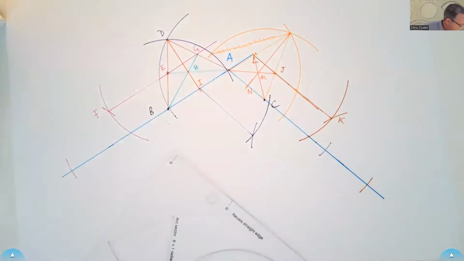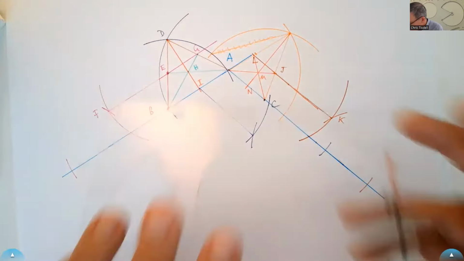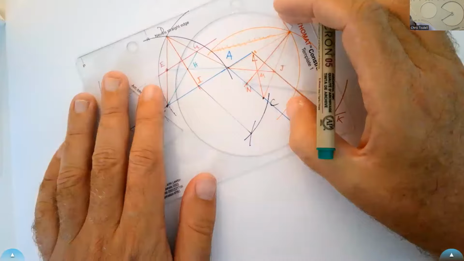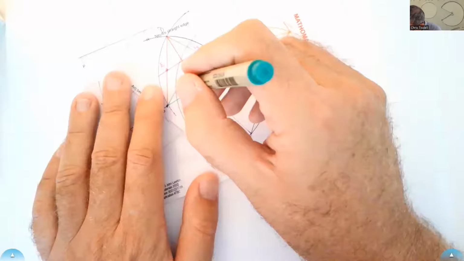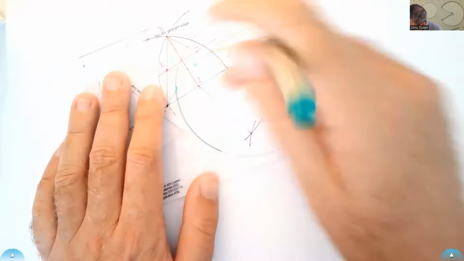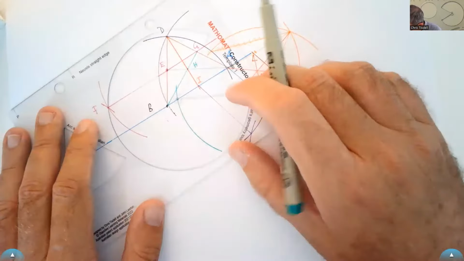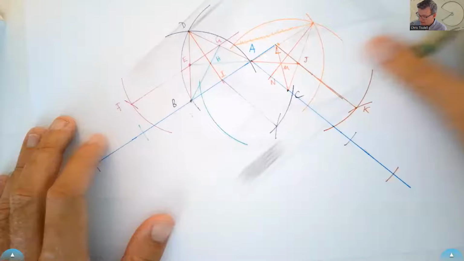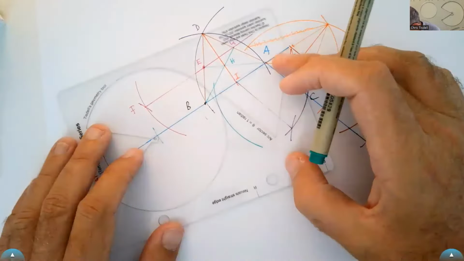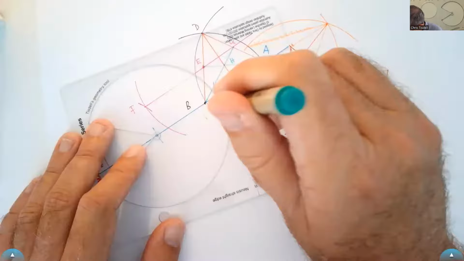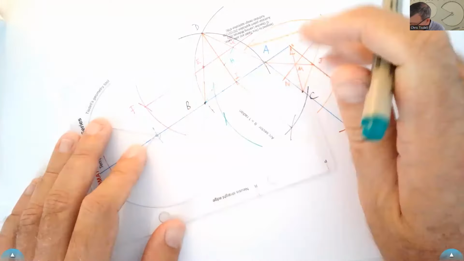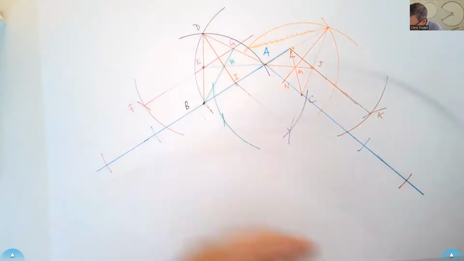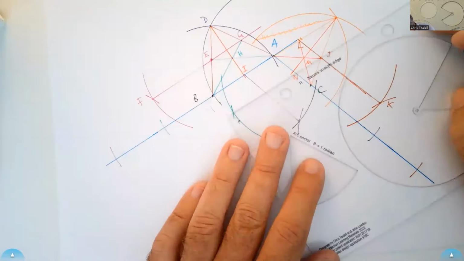Okay, so let's use, I can use green on this one. So center it and go out a couple of radii, turn it around, and get this point over here. And so now we should be okay to join those up.